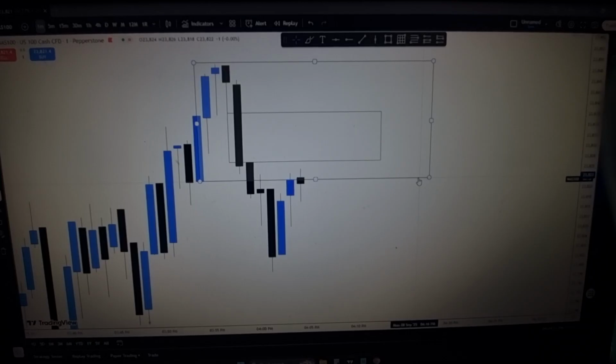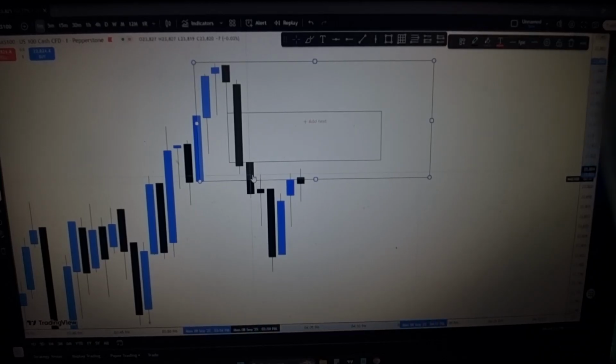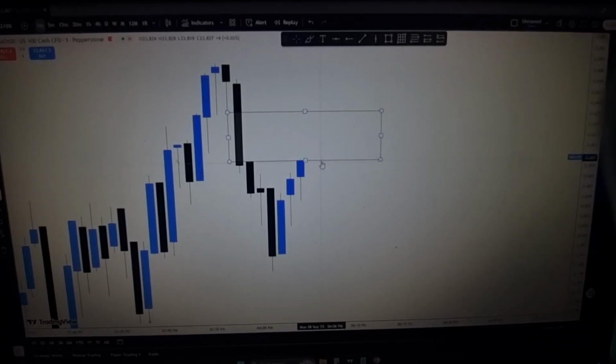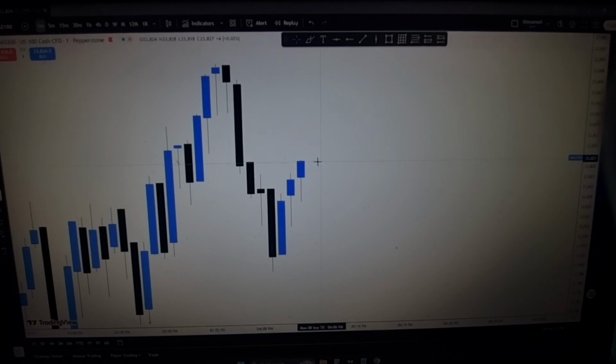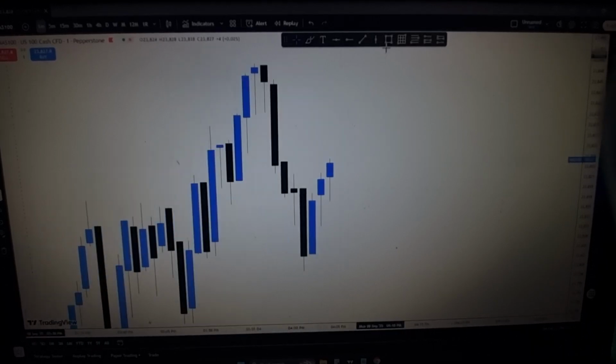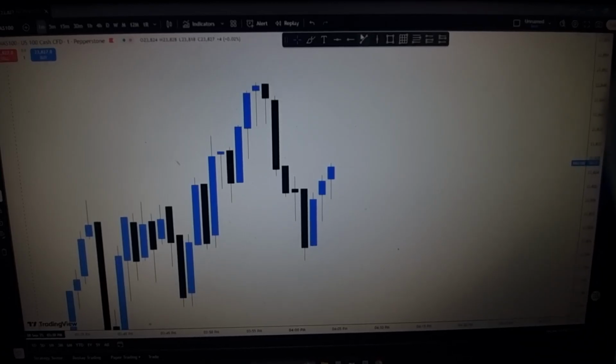Okay, we also tapped into this order block. So now, okay, so we also tapped into this fair value gap. So all our confirmations got hit. Perfect.